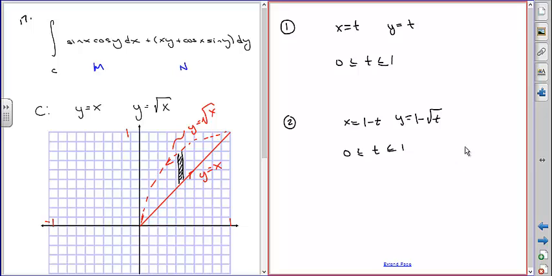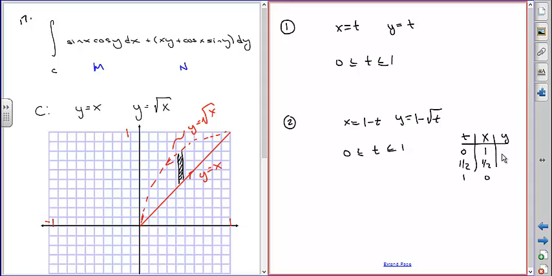So let's just try that out. We'll let t equal 0, a half, and 1. So x is going to be 1, a half, and 0. So that part works out right.